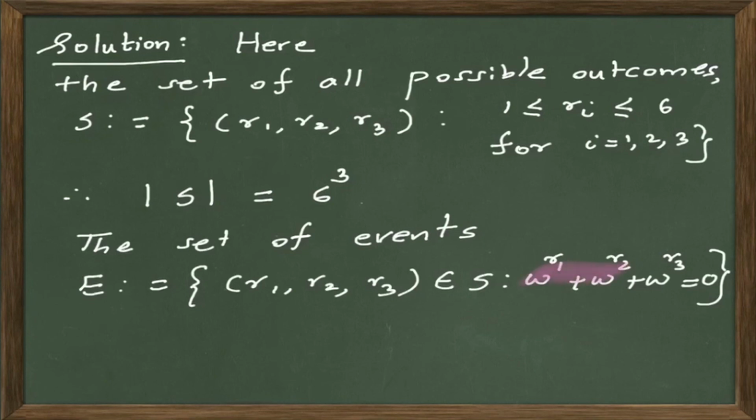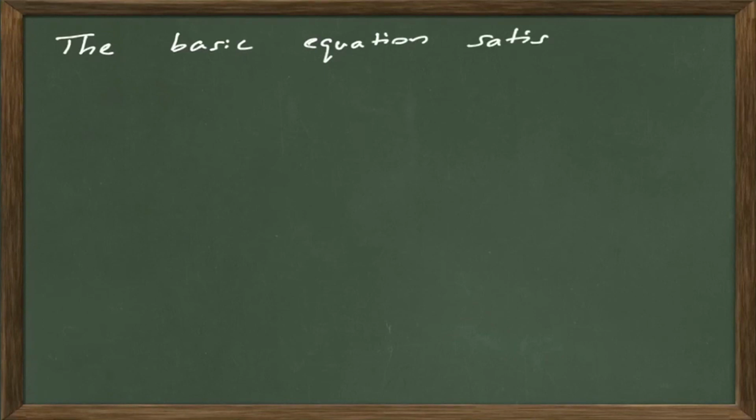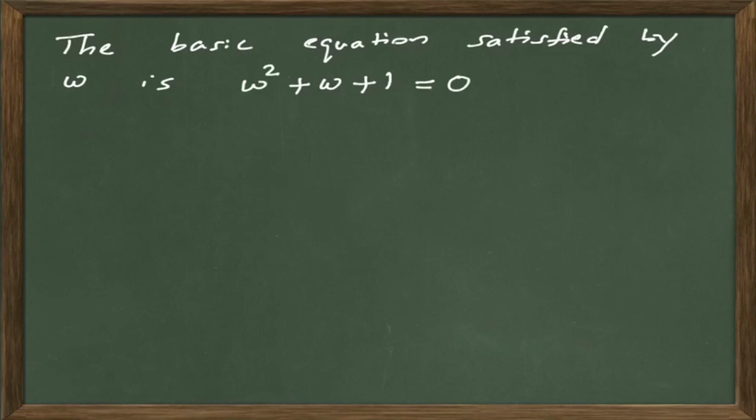omega to the power R1 plus omega to the power R2 plus omega to the power R3 is equal to 0. The basic equation satisfied by omega is omega square plus omega plus 1 is equal to 0.